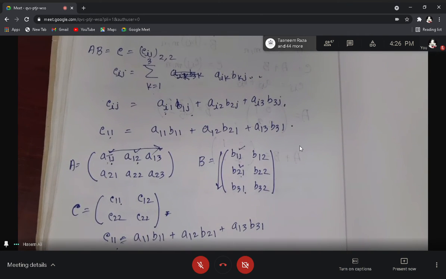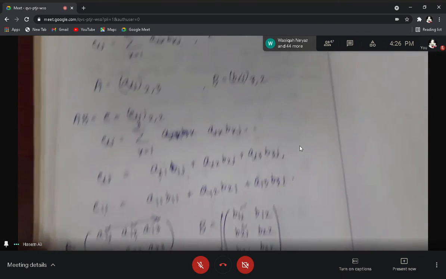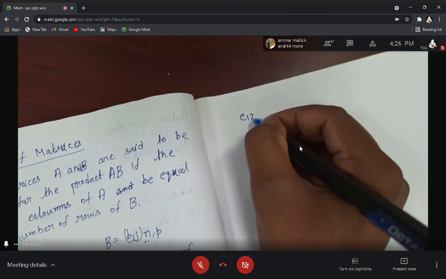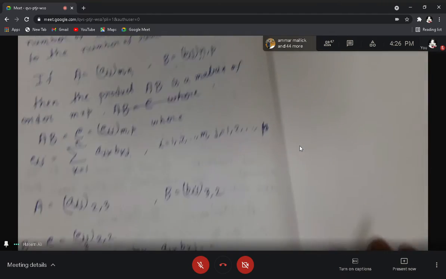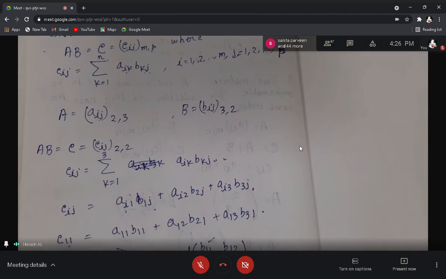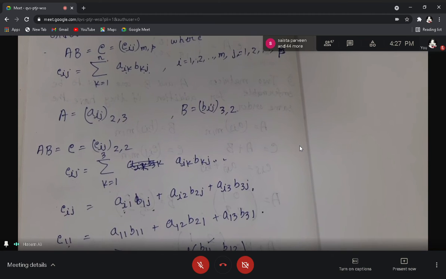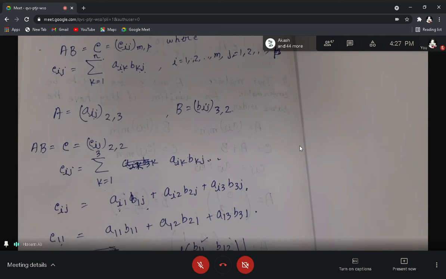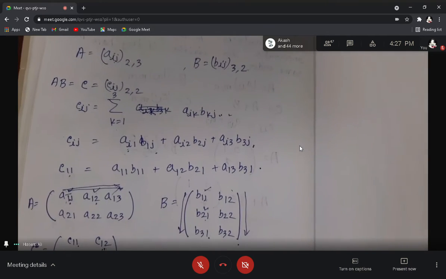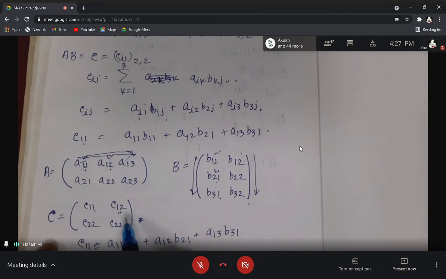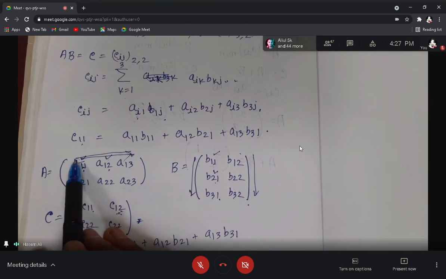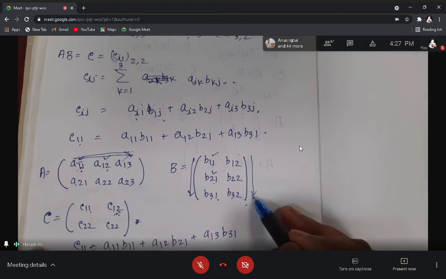Similarly, what is C12? C12 means the first row and the second column. It is calculated by multiplying this row and the second column.